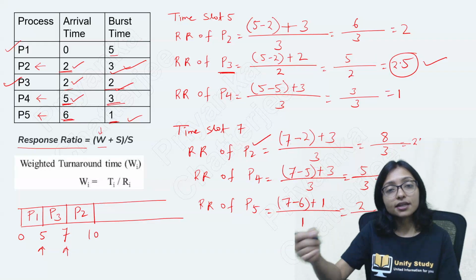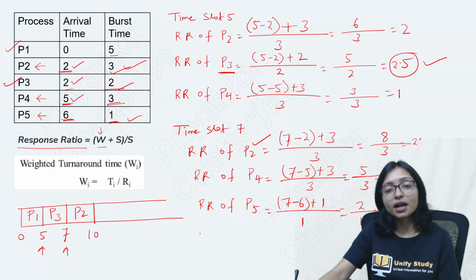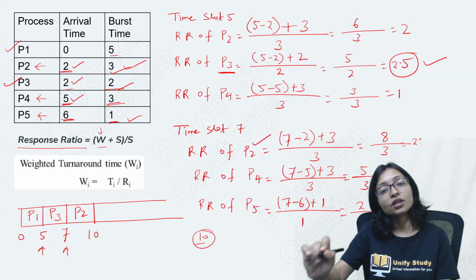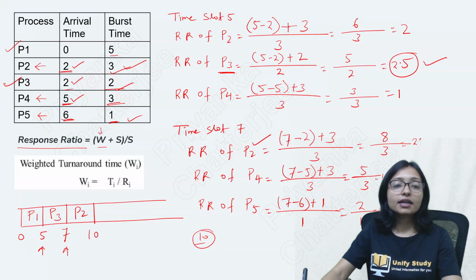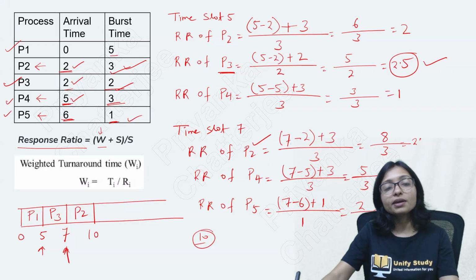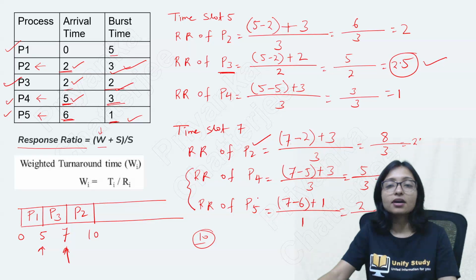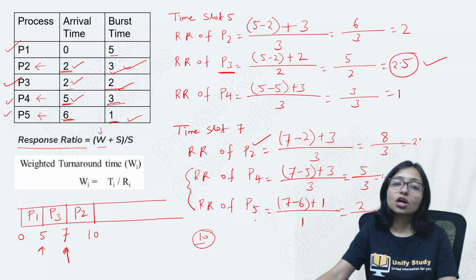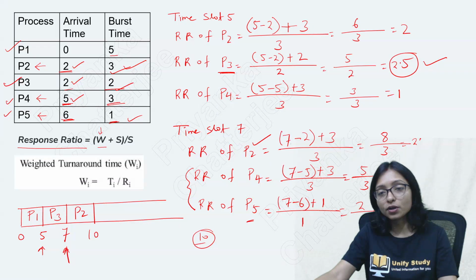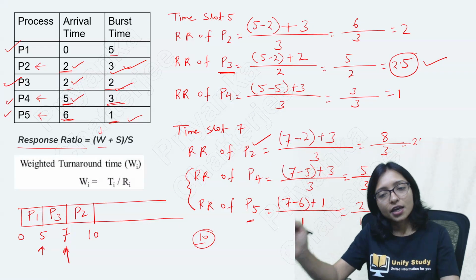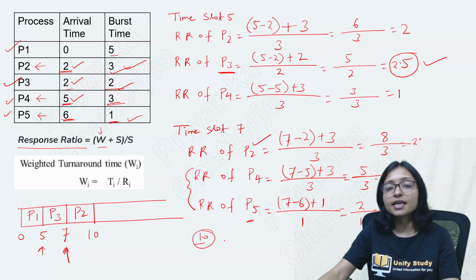Now see, is it required to do it again as per time slot 10? Not required. Because why? In time slot 7, P4 and P5 had already arrived and you have already calculated the response ratio of P4 and P5. Out of that you already saw that P5 will be the highest one, because 2 point something. If you do it again, you will get the same thing.